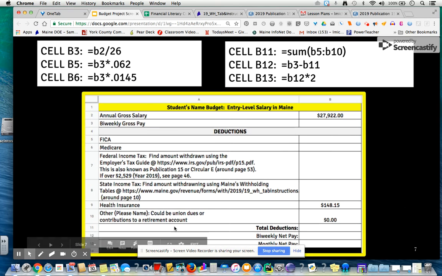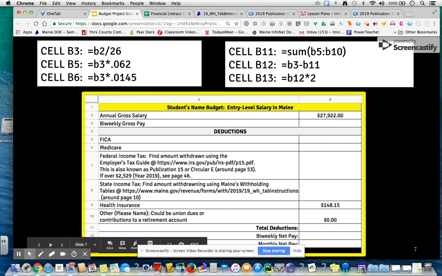So your total deductions will be adding up everything from B5 to B10. So we use this formula, equals SUM B5 colon B10. Colon means through. So that's a range of cells that are adjacent, that are side by side. So that will determine your total deductions.